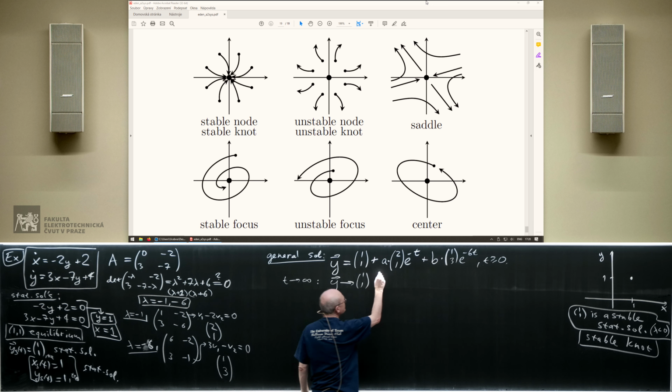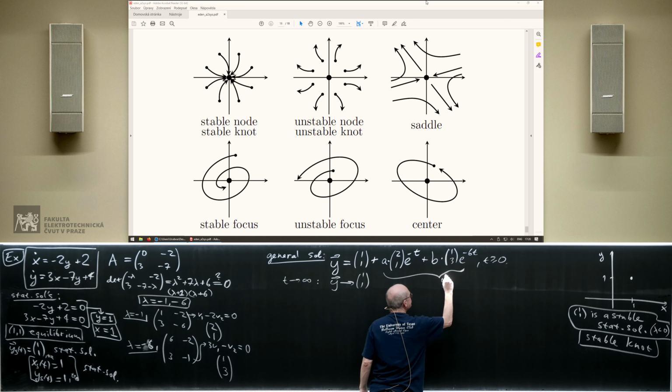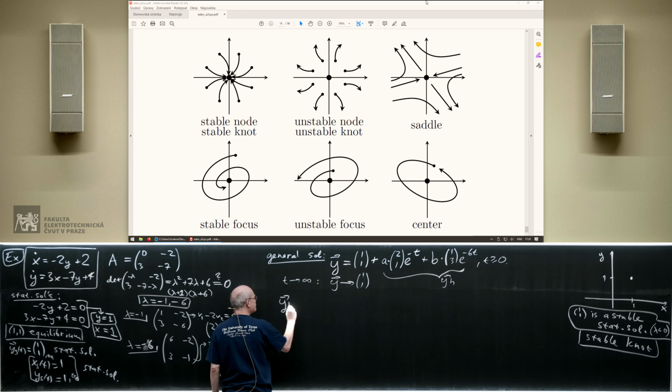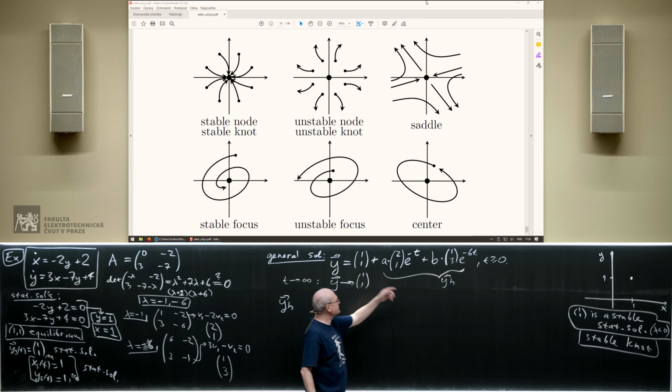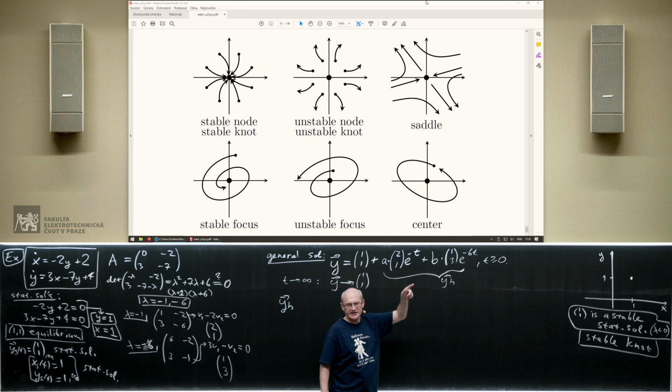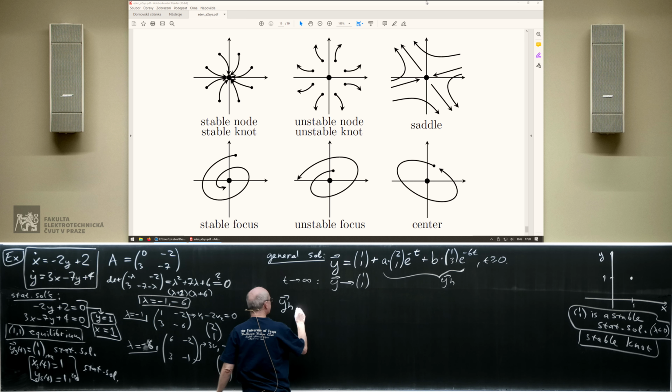Let me focus on the homogeneous part. In the homogeneous part, we can see two components. And we know that when two exponentials meet in a linear combination, then the one with larger exponent is dominant. So I'm going to factor it out.